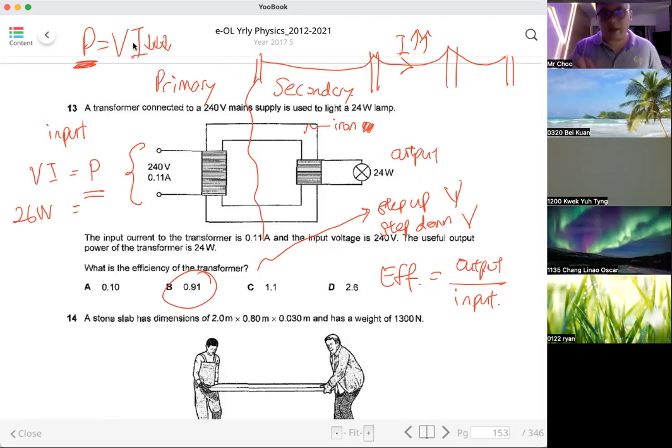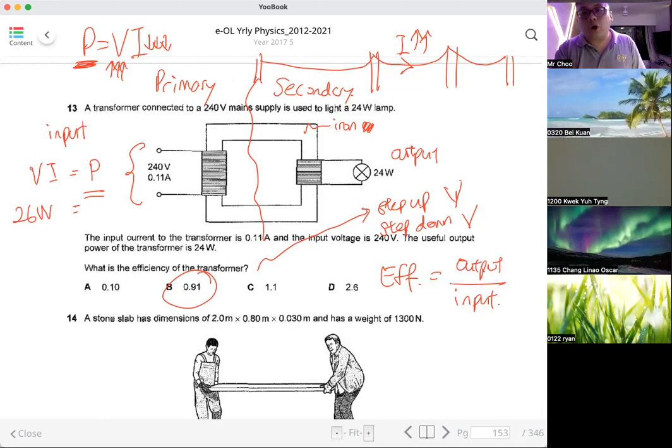So when your current is very low, you need to make your voltage as high as possible. Clear so far? So in the power station, when you want to transmit all this electrical power to your home, they will use a transformer to step it up so that your voltage will be very high. And because the power is the same or slightly reduced, your current will be very low. And when your current is very low, you lose very little energy. Make sense?